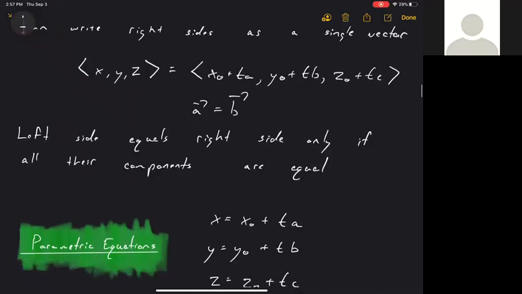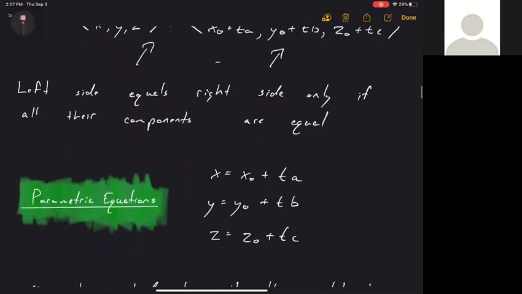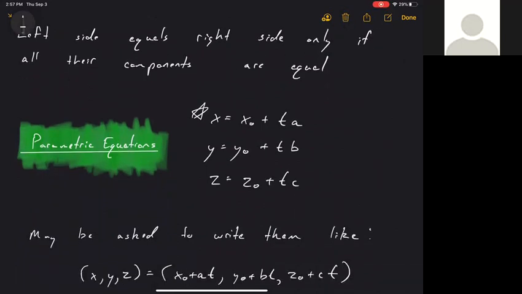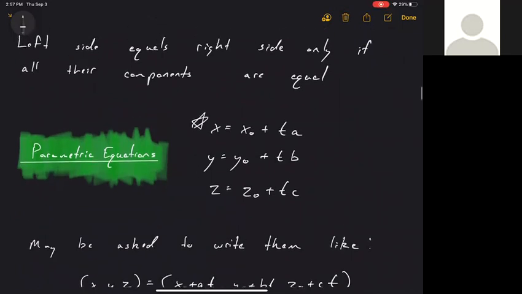So when I have this left side equal to this right side, what I'm saying is that x equals x sub 0 plus ta, y equals y sub 0 plus tb, and z equals z sub 0 plus tc. And now notice these equations don't have any vectors in them, right? These are all just numbers. And then we have this parameter t here. And so we call these equations the parametric equations of the line.